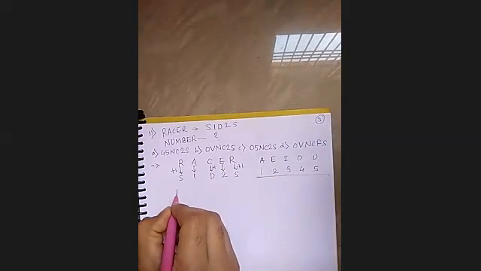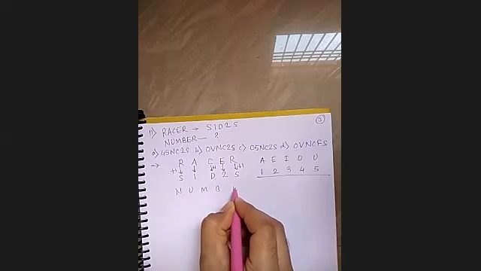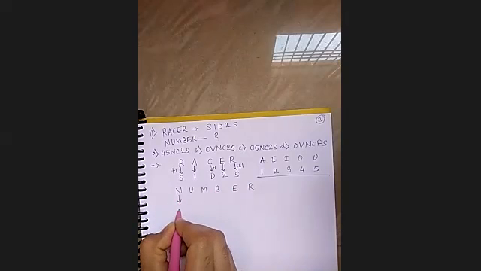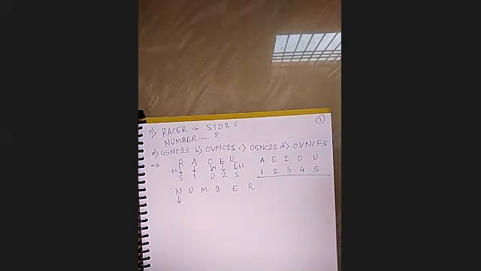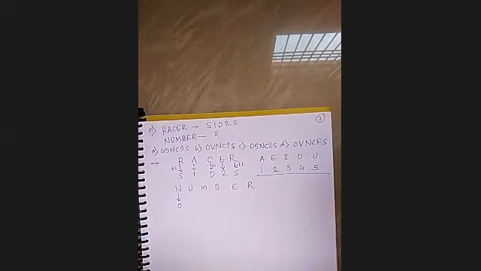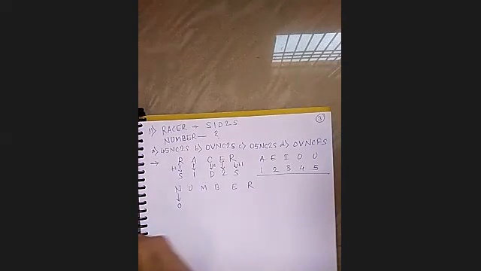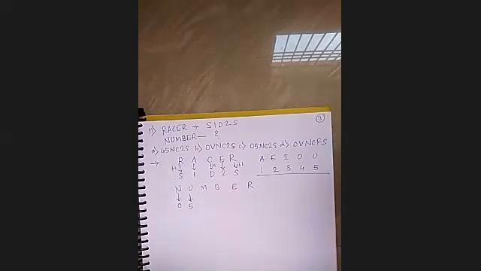And next now, N, U, M, B, E, R. So N plus 1, obviously it is the next letter, so it will be obviously the O, right? Then U is having the number 5.